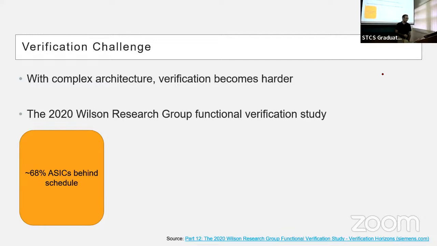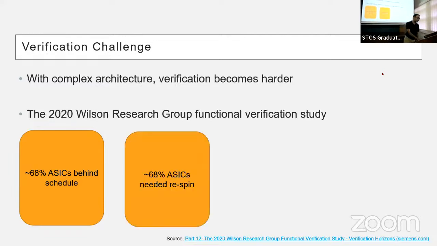ASIC stands for application specific integrated circuit, not something general purpose. 60% of the ASICs needed a respin. Respin means that once you send them to fabrication, it comes back and you find out it had some bug, so you need to send it back. It's a very costly thing to do. Millions of dollars are involved in sending them.